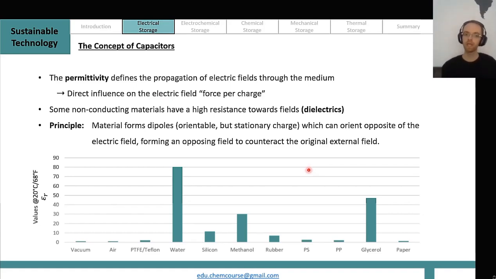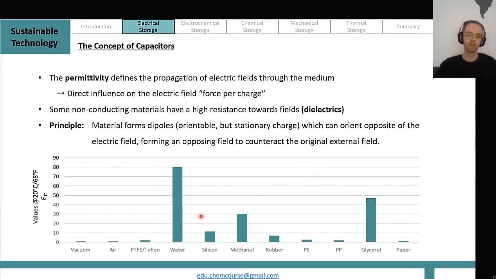A dipole is basically a molecule which has a certain localized charge, but it's orientable. So the molecule can turn and therefore create a small electric field itself. By creating this small electric field, it can orient opposite to the external field and thus oppose and counteract this external field. And the better a molecule can do this, the higher its relative permittivity is.